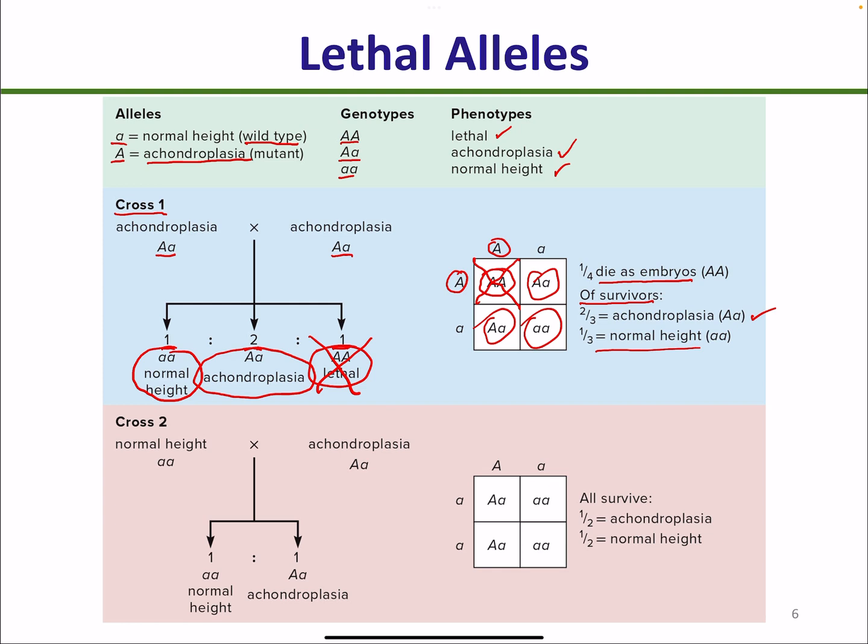So then, what would be the ratio if we cross a normal parent with a parent with achondroplasia? In this case, we are going to have 50% chance to have a child with achondroplasia and 50% chance to have a child with normal height.